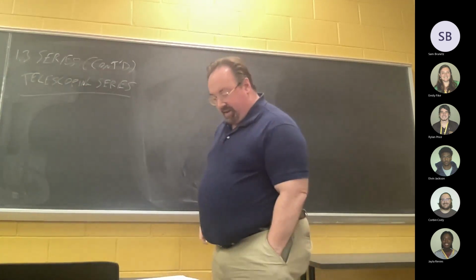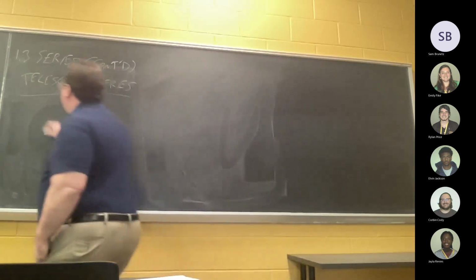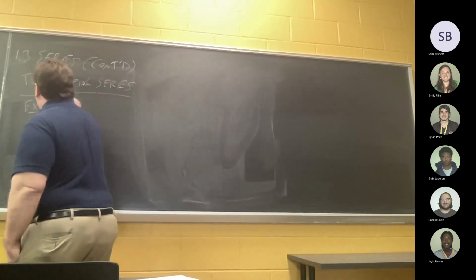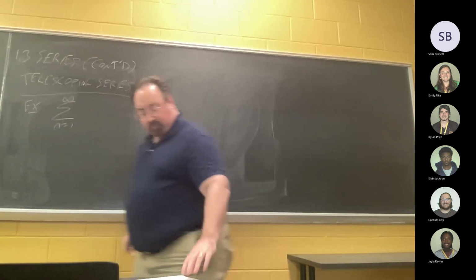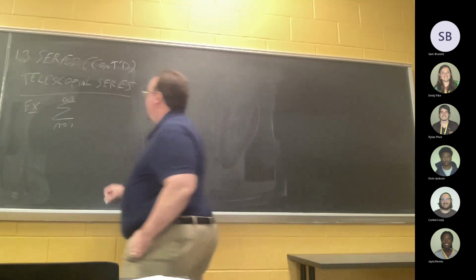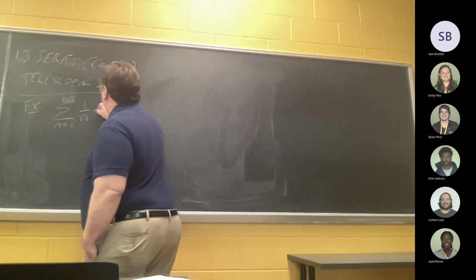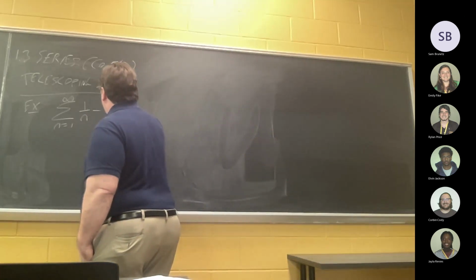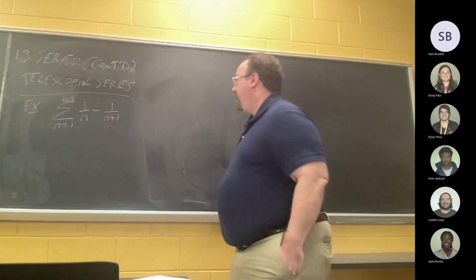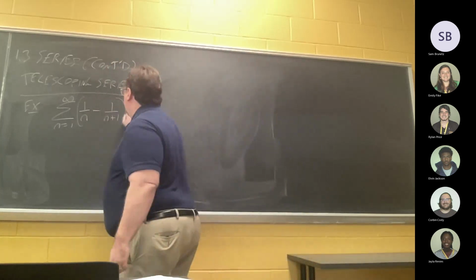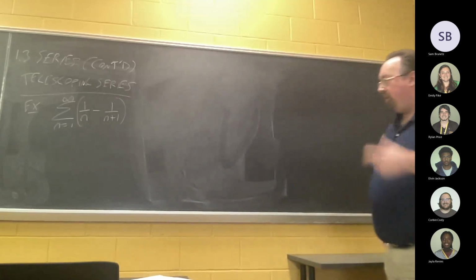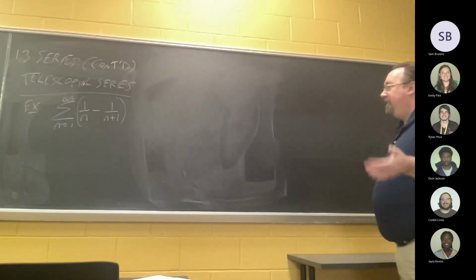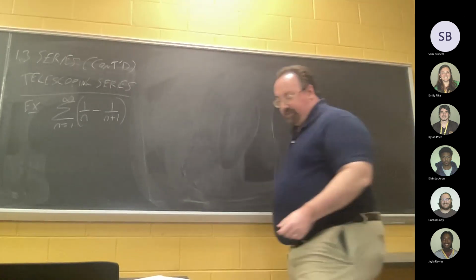All right. Now, I'll start off with an example. The sum from n equals 1 to infinity of 1 over n minus 1 over n plus 1. So this entire expression, when you substitute n equal 1, n equal 2, n equal 3, is going to be summed up.